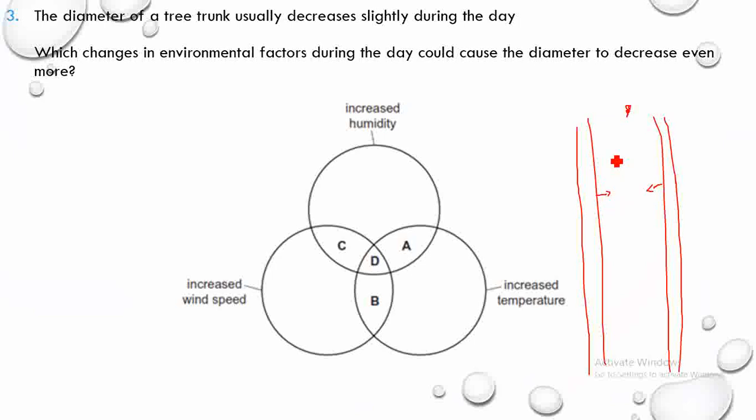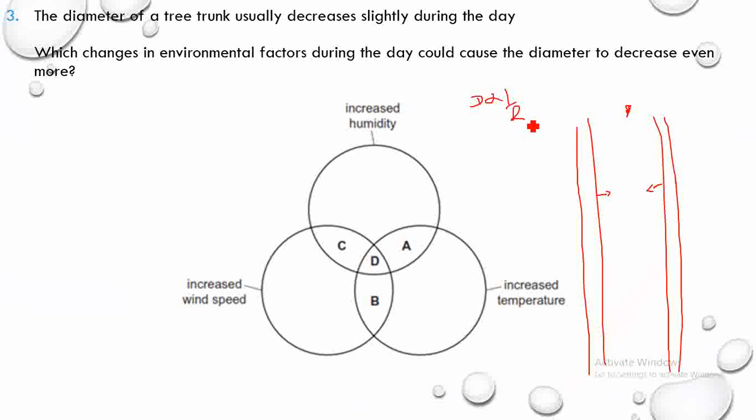So you see that the diameter of the xylem depends on transpiration pull. It's inversely proportional to the rate of transpiration. Please don't forget, this question is always coming out.